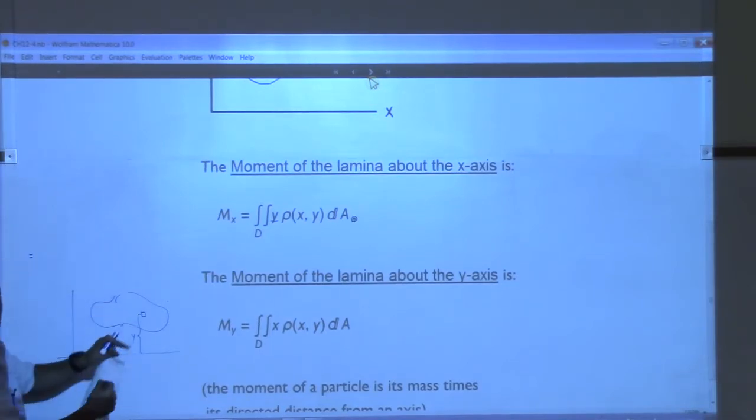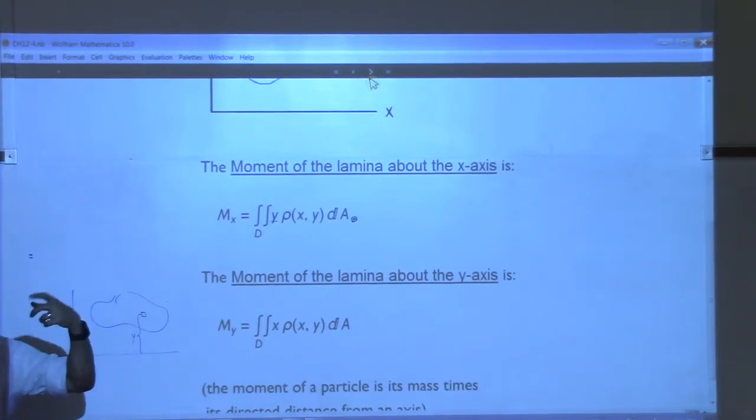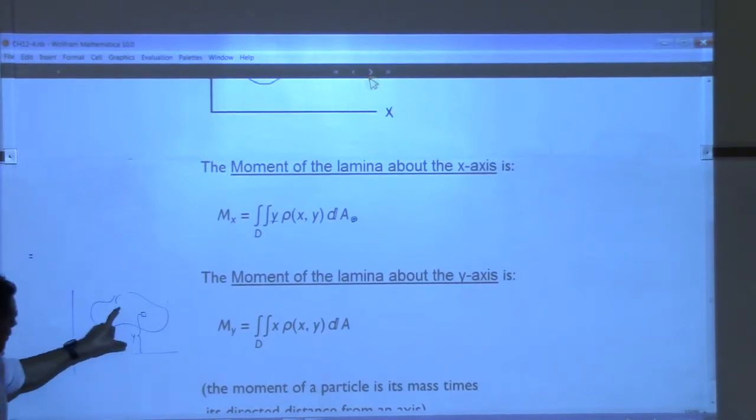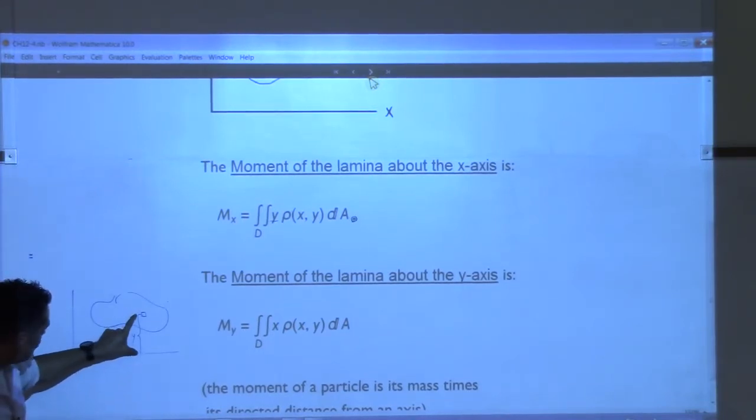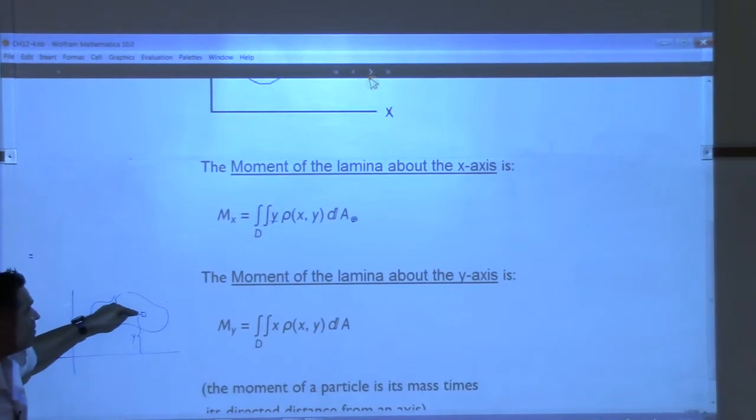And this is the definition of a moment: it is the mass times the distance from some axis. Later on, this becomes the moment of inertia, which has to do with an object's resistance to rotation. But for now, the moment is this y-coordinate times the mass at that point.